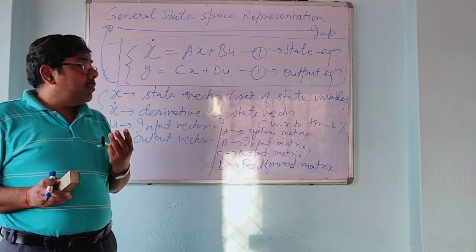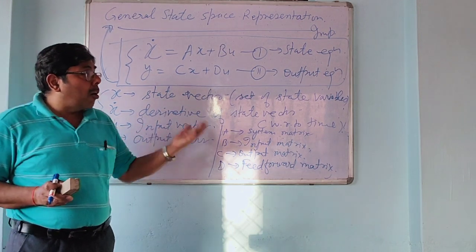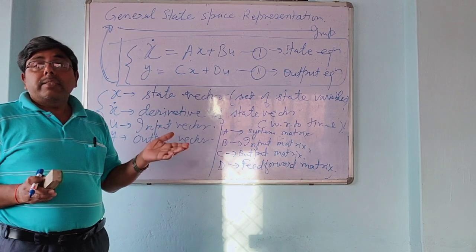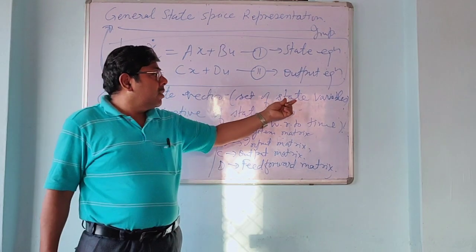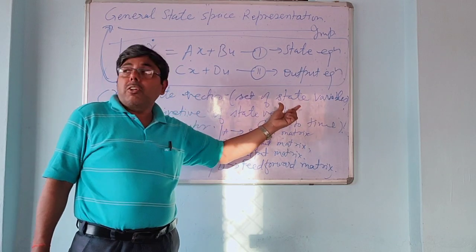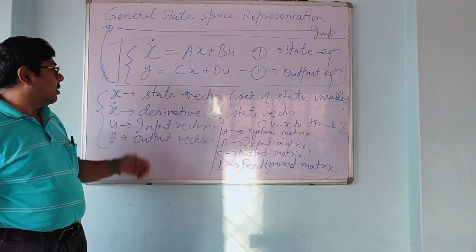Suppose for any system a minimum of 3 loop currents are required to represent all voltages and all currents through all branches and all elements. So state variables mean the minimum set of variables required to represent any system completely.